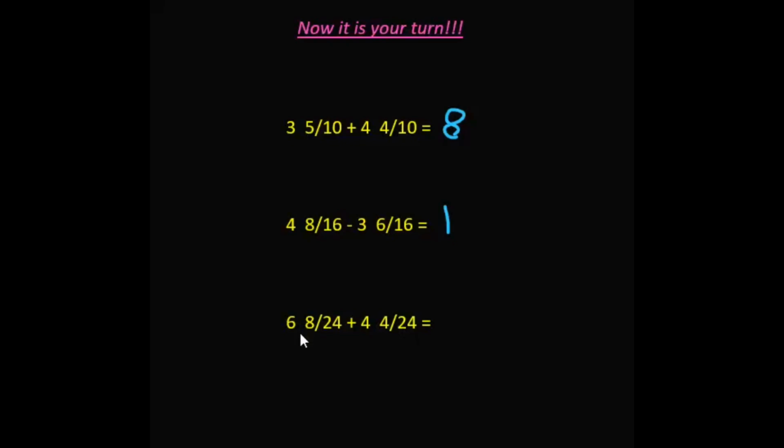So now this is basically asking 6 and 8/24, or 6 and 1/2 plus 4, which is 6 plus 4 equals 10. 10 plus 1/2 equals 10.5. So this problem equals about 10 and 1/2.